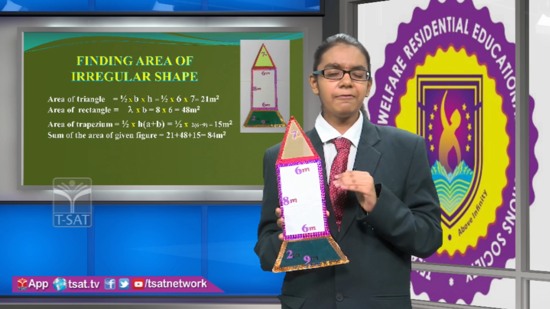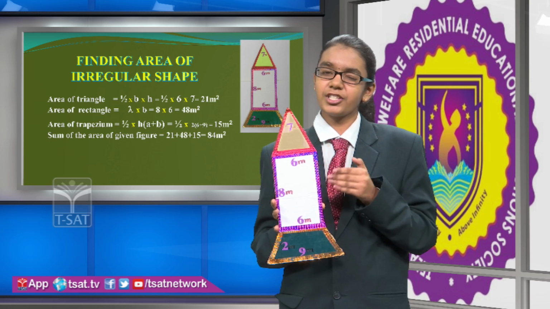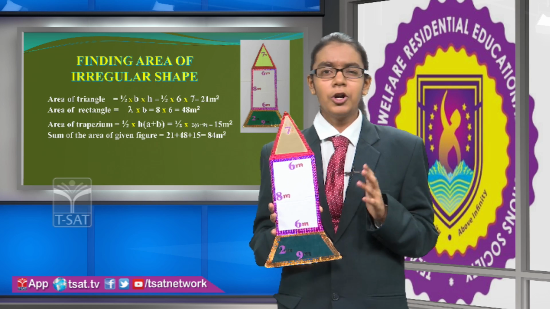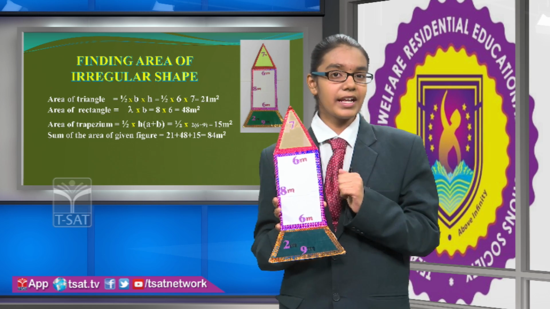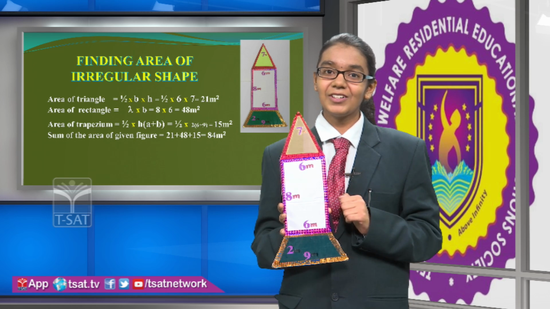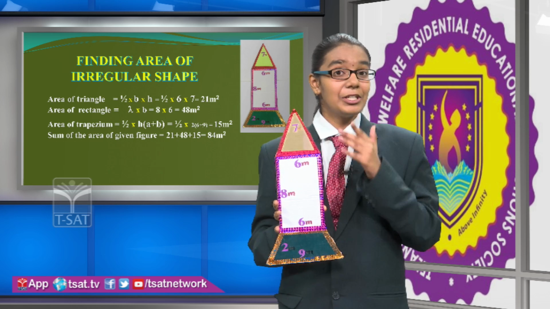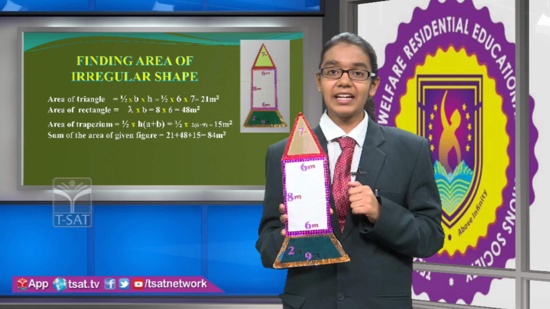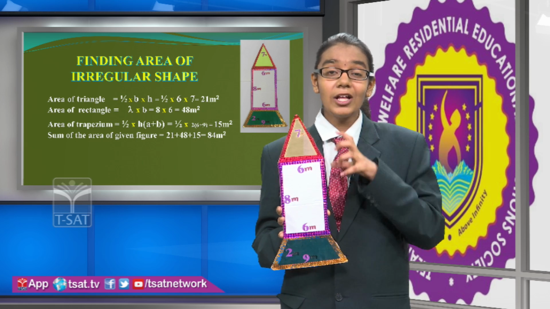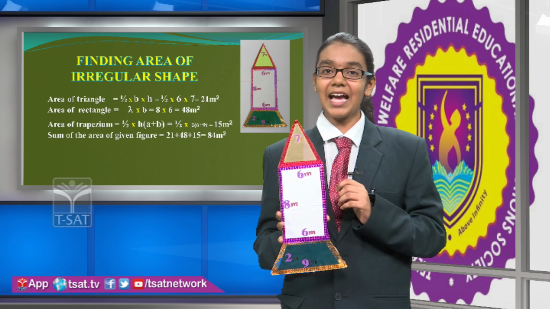Till now, we have found the areas for each basic shape individually. Now, to get the total area of this irregular shape, what should we do? You are right. To get the total area of this irregular shape, we should add all the areas which we have calculated.